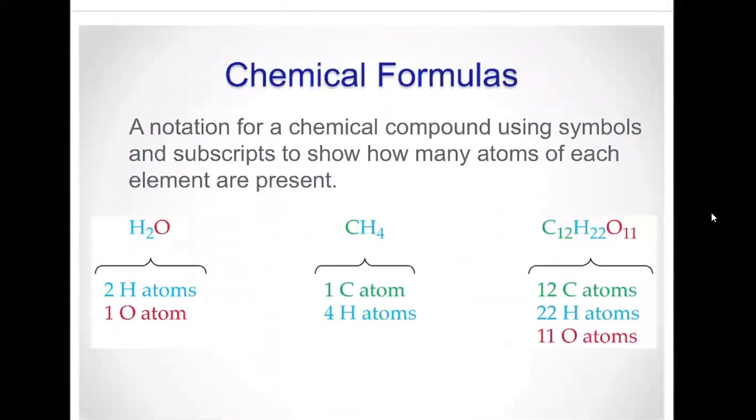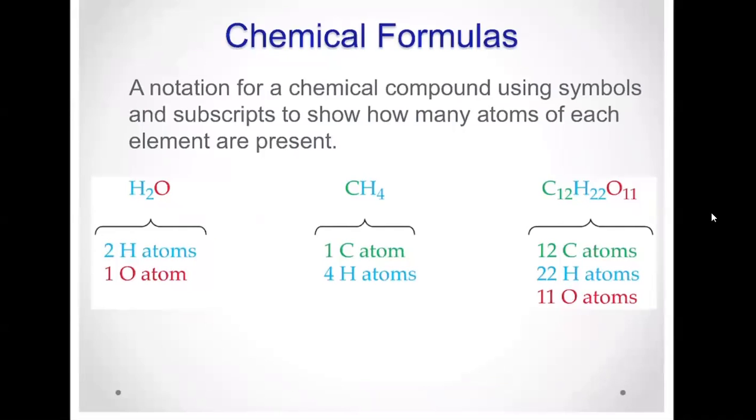Chemical formulas. To show the number of atoms that are present, we use a subscript, like the 2 there. For water, H2O means that in a water molecule, if we draw it out, we have a hydrogen connected to an oxygen, connected to another hydrogen.